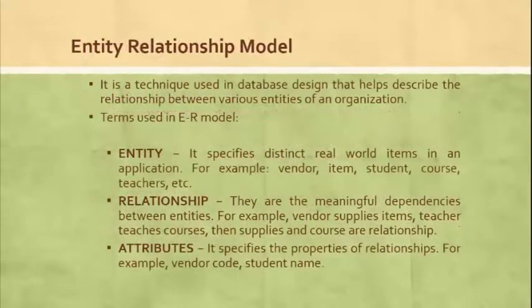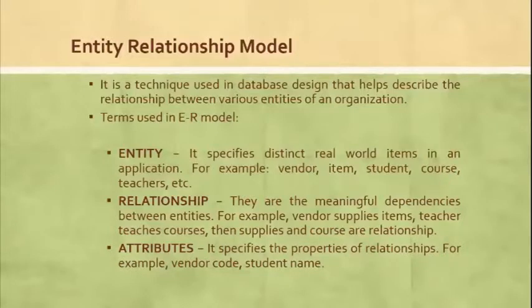So now let's further discuss the concept of entity relationship or ER model. It is a technique used in database design that helps describe the relationship between various entities of an organization. So the following are the terms used in ER model. We have the entity. It specifies distinct real-world items in an application.